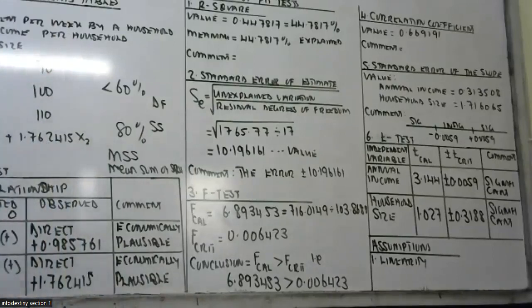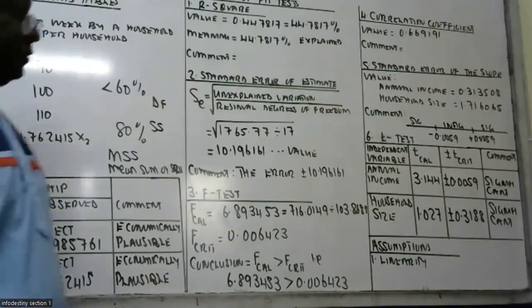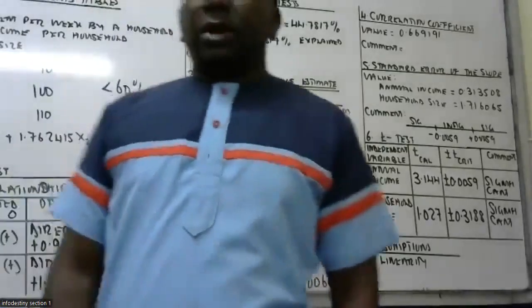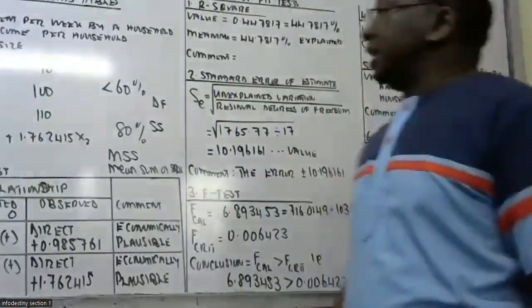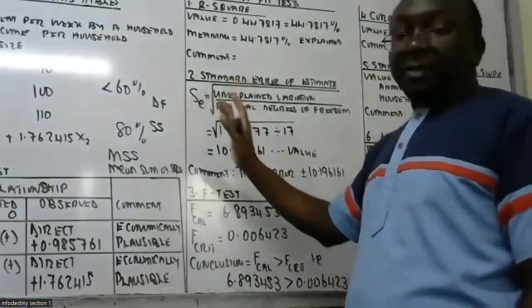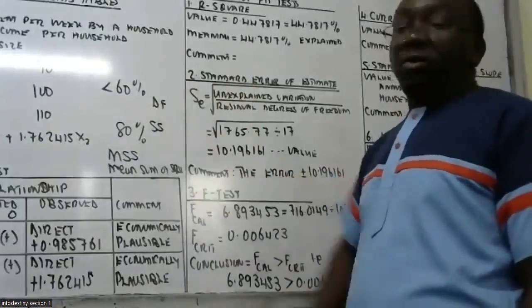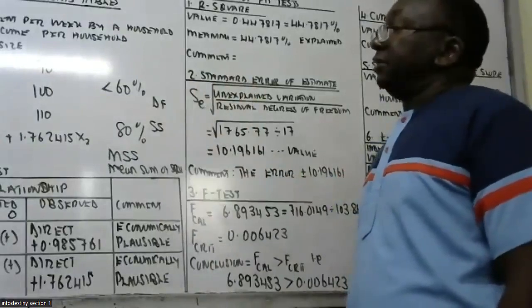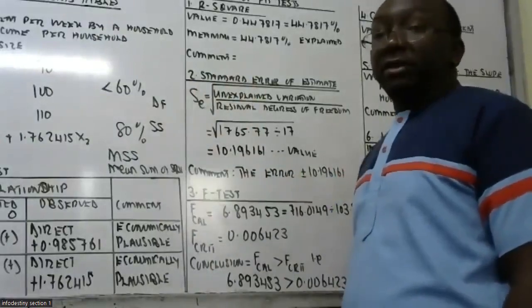Linearity is tested in 2 ways. One, you plot the graph. When you plot the graph, you check whether it's showing a straight line pattern. Now, in our data, we have not been given a graph, so we cannot use that method.